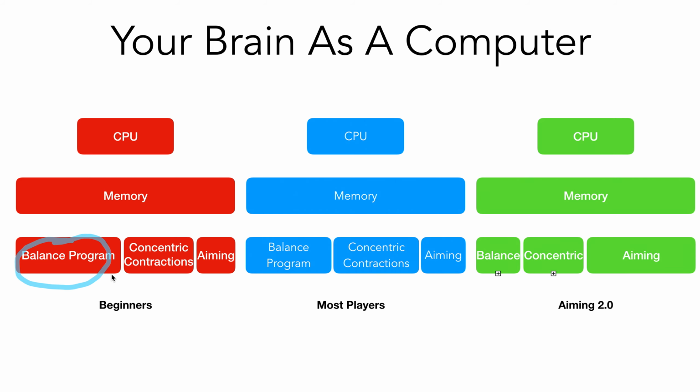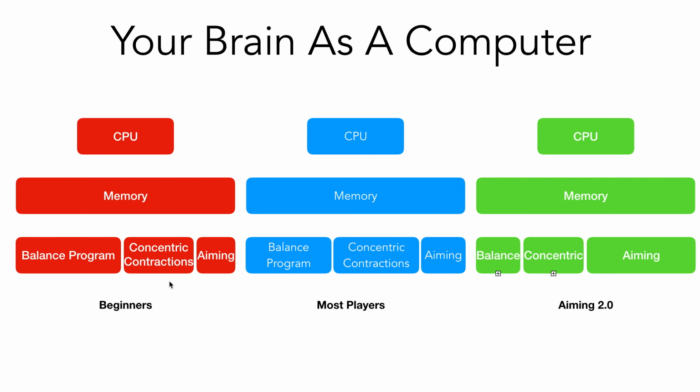The balance program is taking up a lot of their memory. It's because they're usually not very good skaters. They haven't really mastered downhill skating. Every time they go to shoot, they're off balance. And what's interesting about the balance program is that your computer, your brain, is always going to prioritize the balance program first, right? So that's where a lot of beginners are.